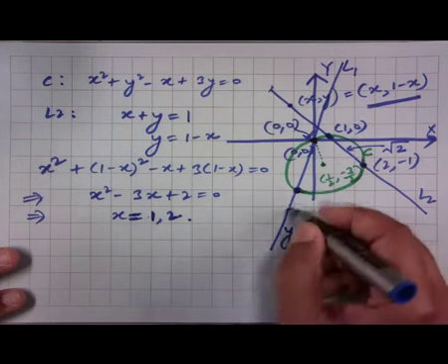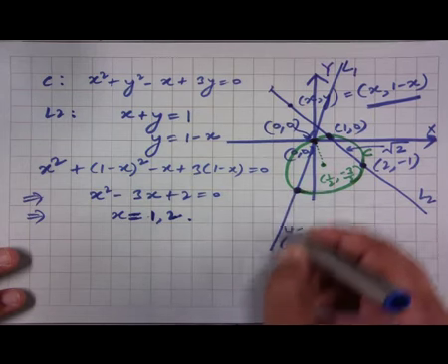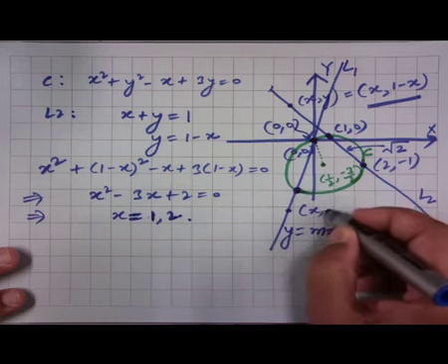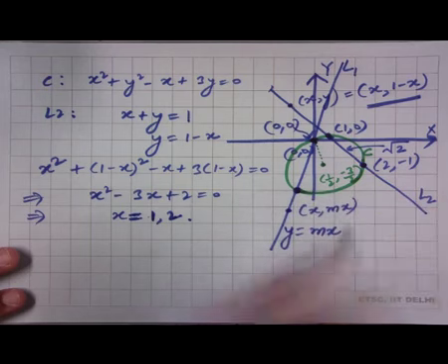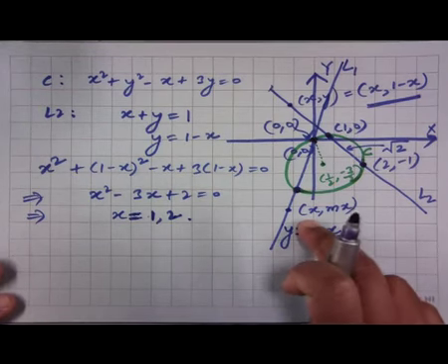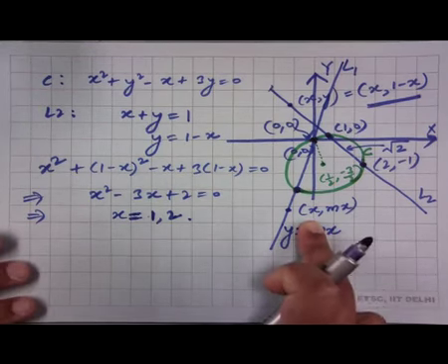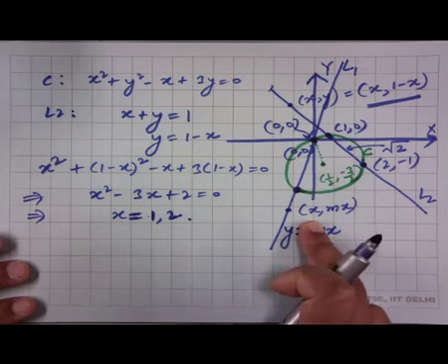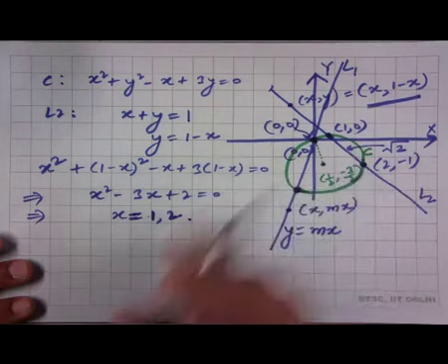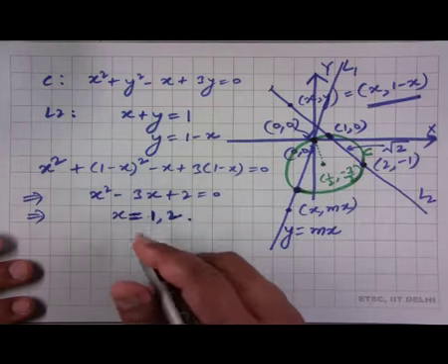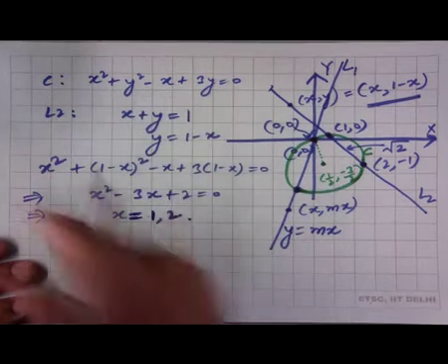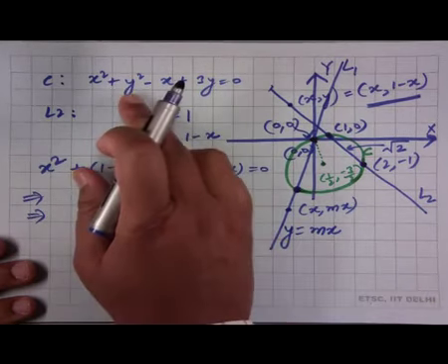So, any point on this straight line will be of the type x comma mx, because the y coordinate is m times the x coordinate, and for any such point to be also on this circle, the equation of the circle must be satisfied with y equal to mx.